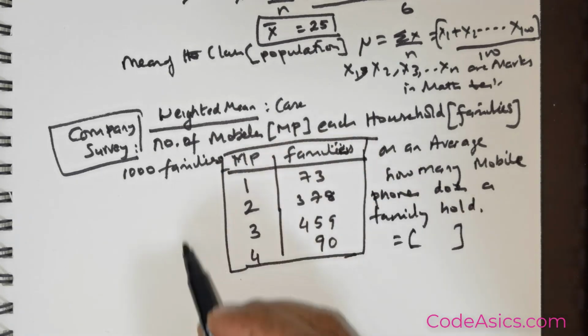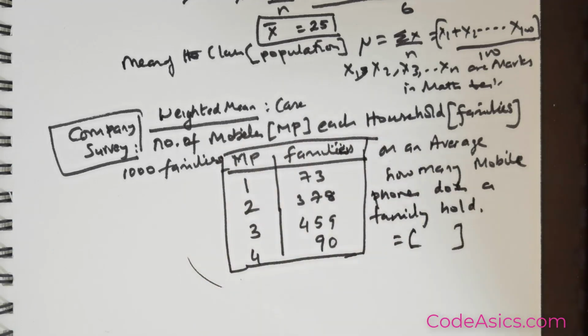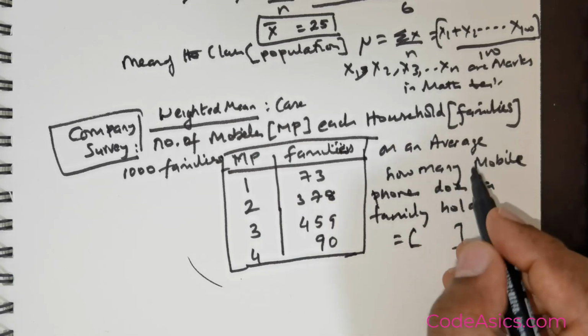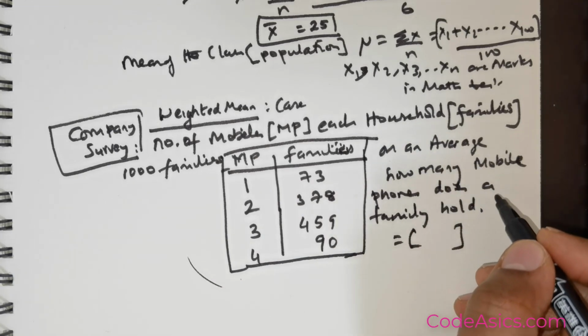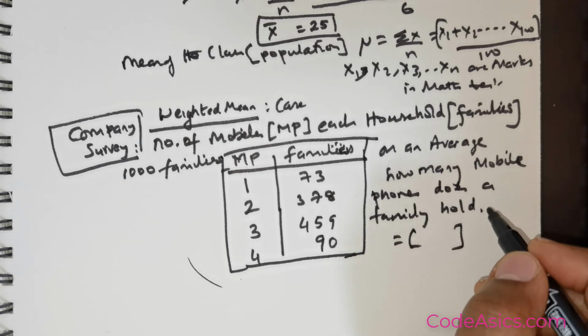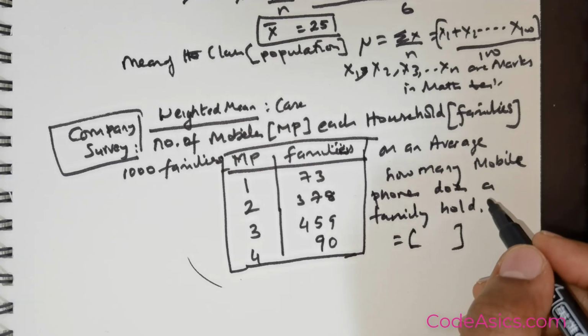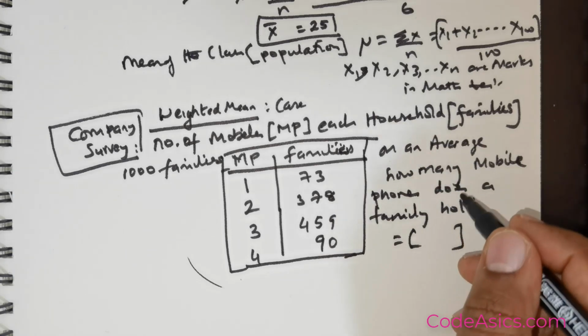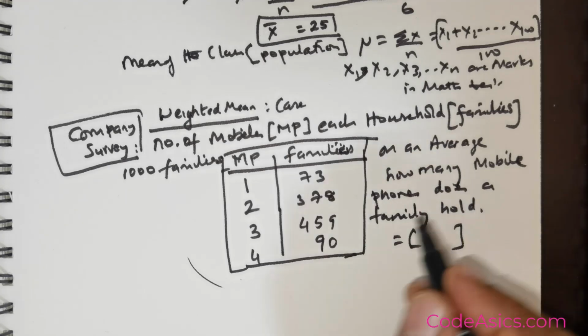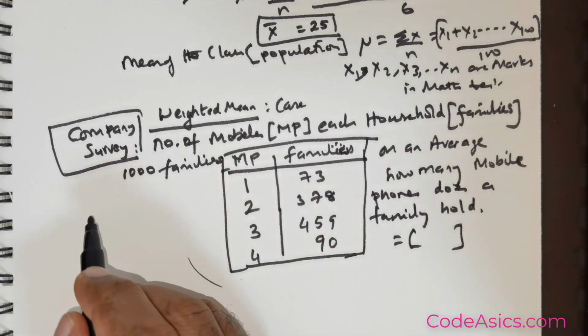That number should represent this entire data that we have here, right? So this is the research question. On an average, how many mobile phones does a family hold, right? So we are finding the answer to a very important research question. So how are we going to do that? Now what we need to do is use this formula.